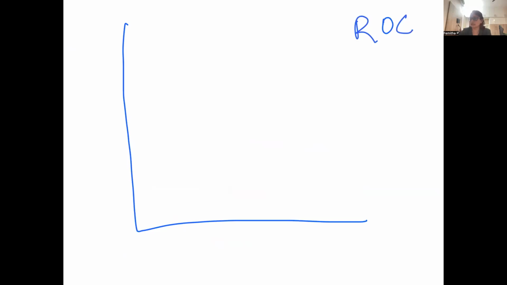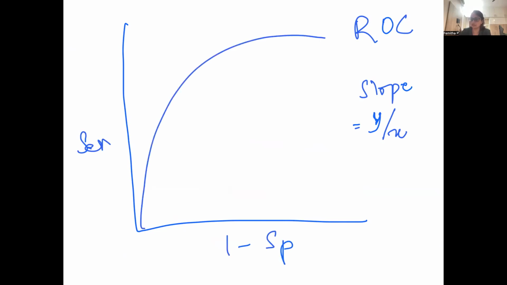In maths, the slope of any curve is the y-axis divided by the x-axis. If I do sensitivity divided by 1 minus specificity, the slope of that graph is your PLR, which is y divided by x.